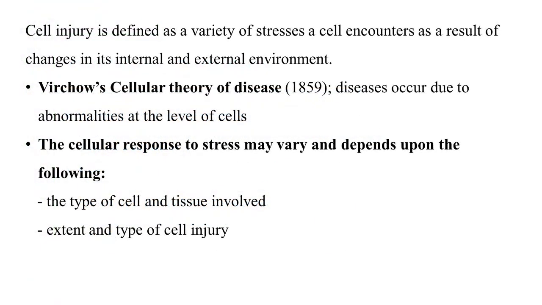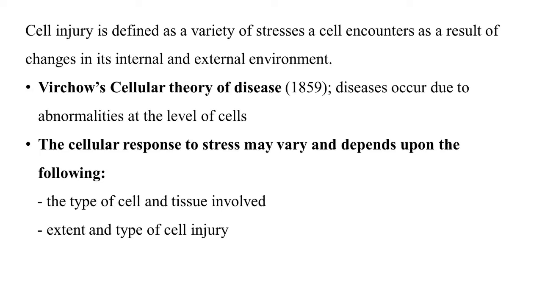Cell injury is defined as a variety of stresses a cell encounters as a result of changes in its internal and external environment. So as I said, the cell has something we call a semi-permeable membrane. So it doesn't allow everything to come in and everything to go out. They are able to sort out what is supposed to come in and go out of the cell.